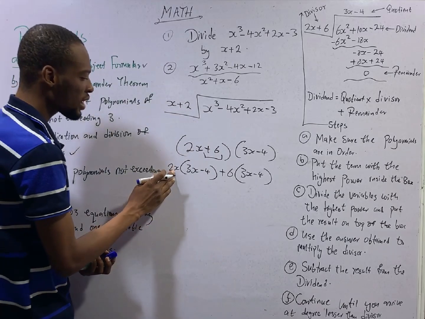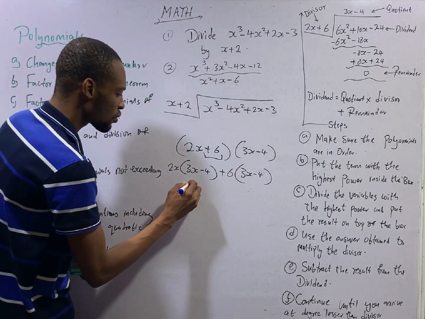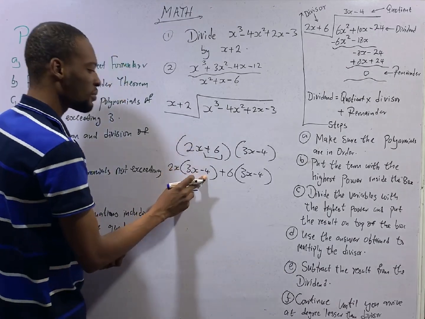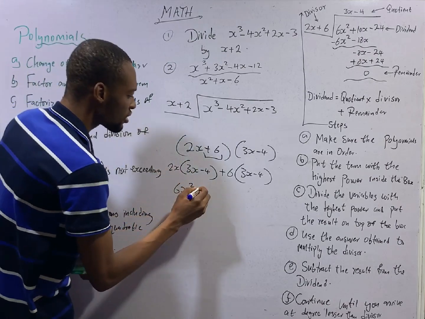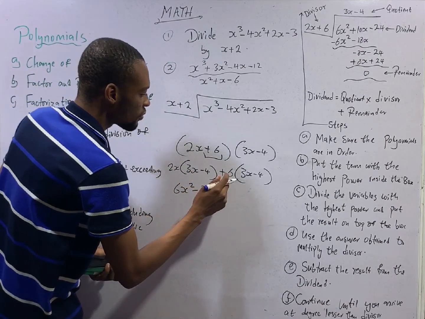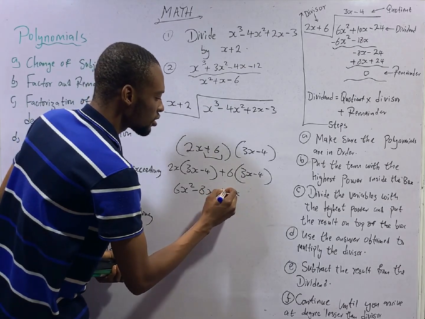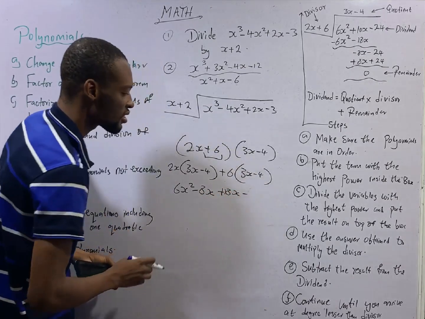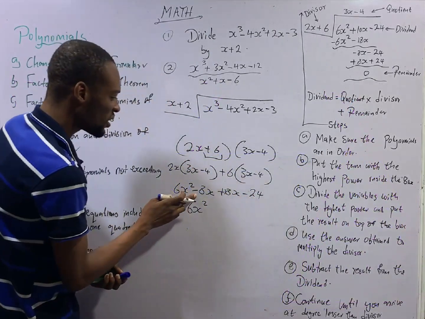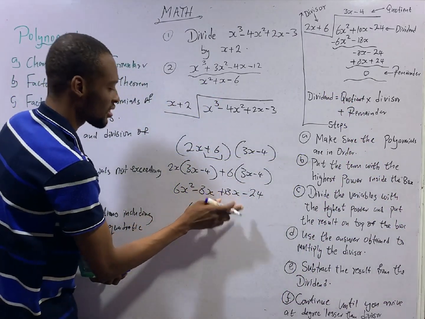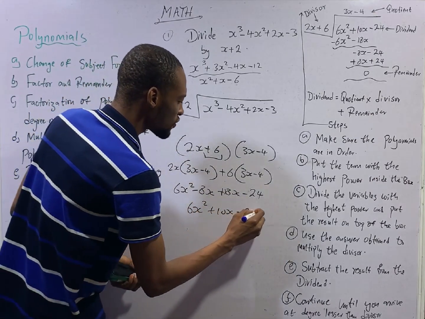From here, 2s times 3s should be 6s squared, 2s times minus 4 is minus 8s, plus 6 times 3 is 18, plus 18s, minus 6 times 4 gives you 24. Minus 8s plus 18s is plus 10s, minus 24.